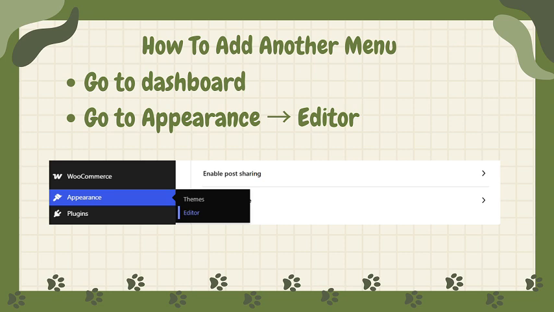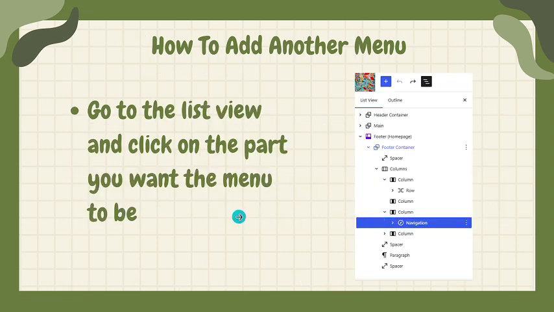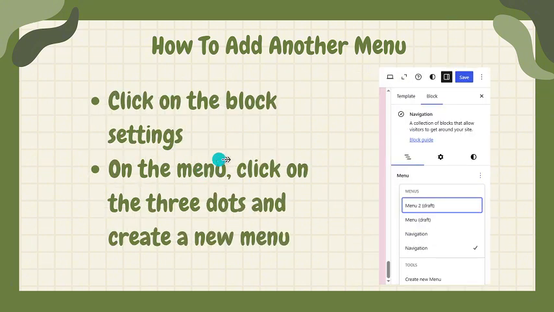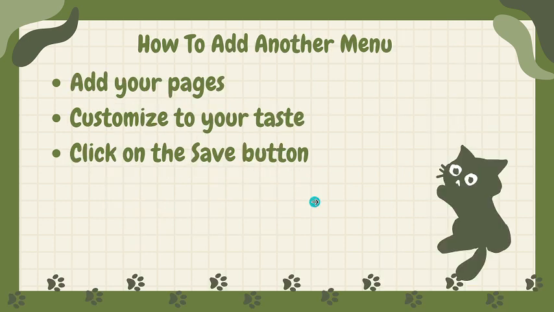You go to dashboard, you go to appearance, editor, then you go to the list view and click on the part you want the menu to be. Then you click on the block settings. On the menu, you click on the three dots and create a new menu. So after that, you can now add your pages, you could customize it to your taste and click on the save button.